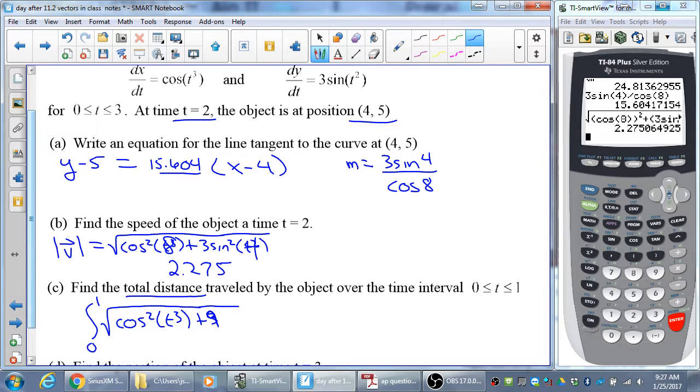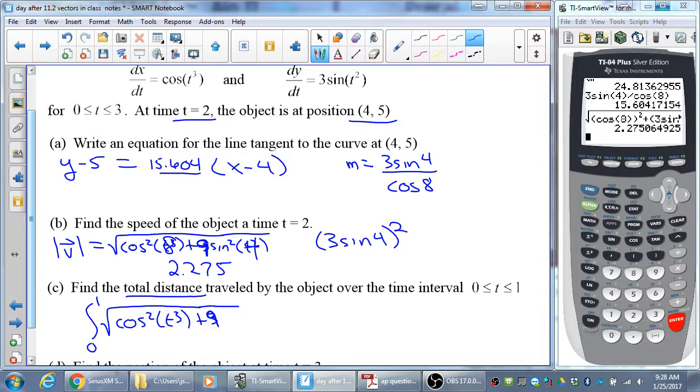Oh, wait a minute. Find the speed of the object. Oh, I wrote this wrong. But when I did it on the calculator, it ended up squaring the 3 there. So this should say 9 if I write it like that. If I write it like 3 sine of 4 squared like that, then I'm okay.